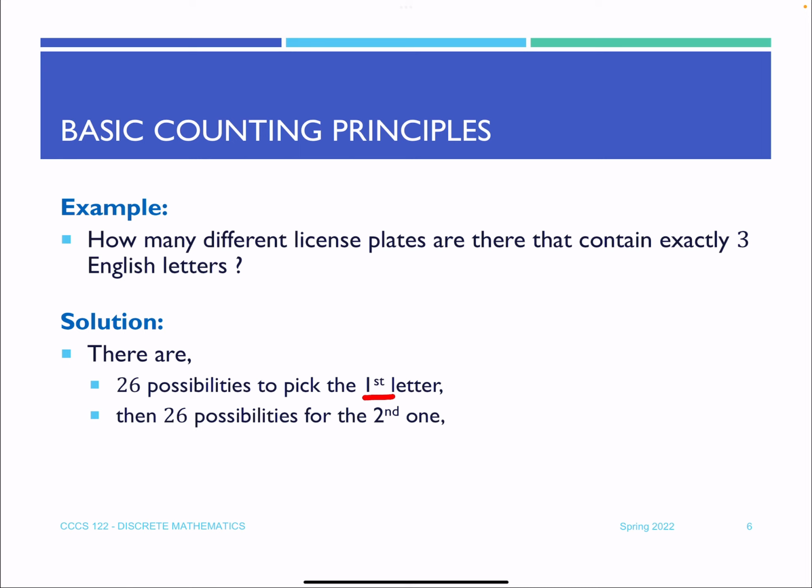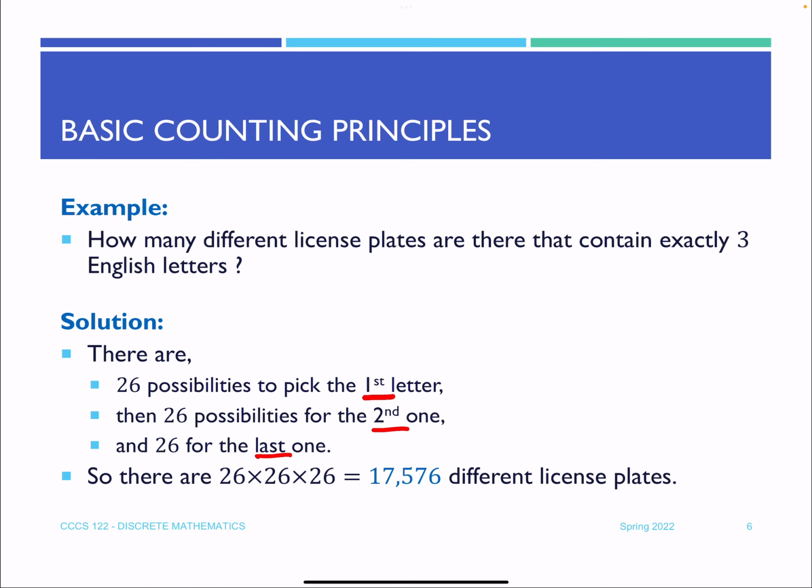And then there are the same 26 letters to choose from for the second letter, and the same 26 letters to pick the last letter on the license plate. Which means in total, you can pick 26 times 26 times 26, equal to 17,576 different license plates.